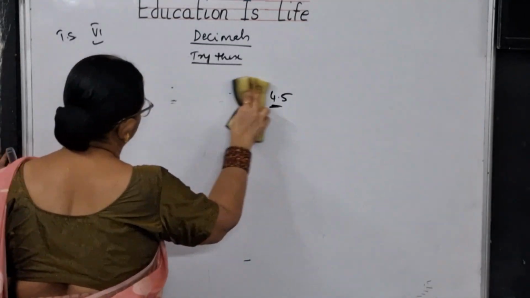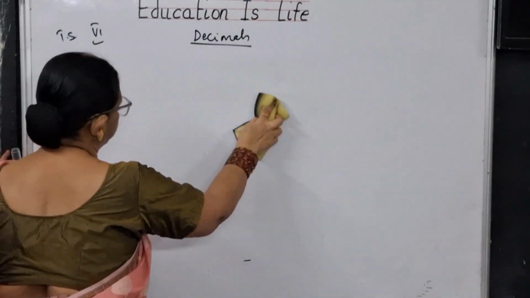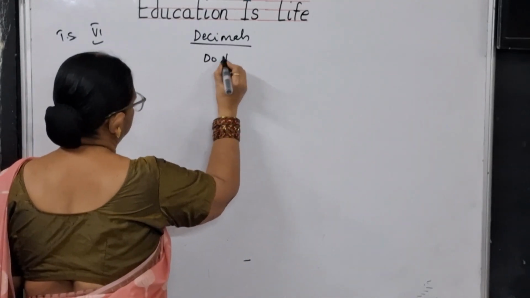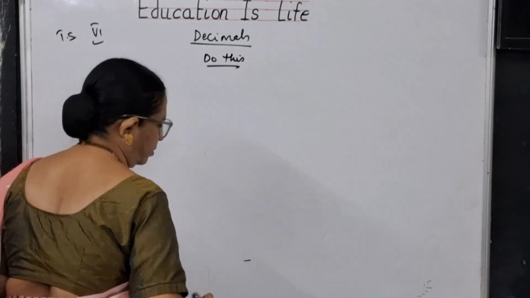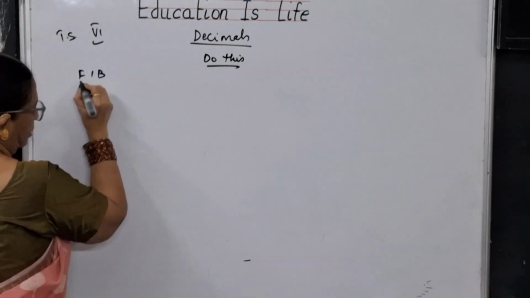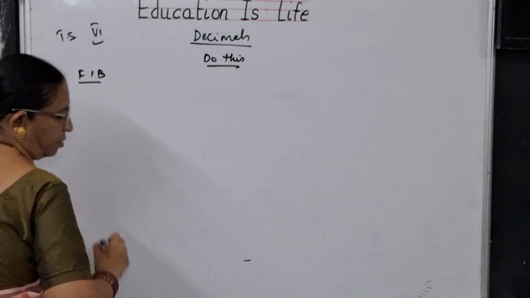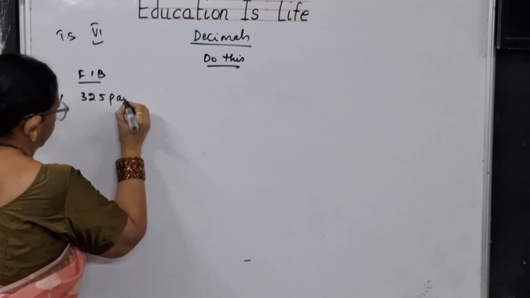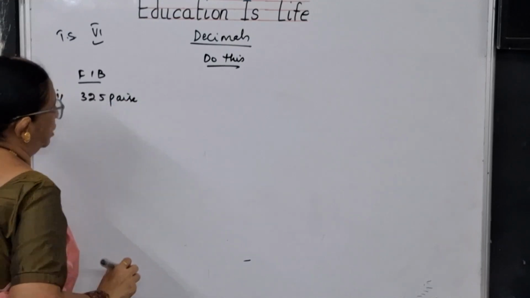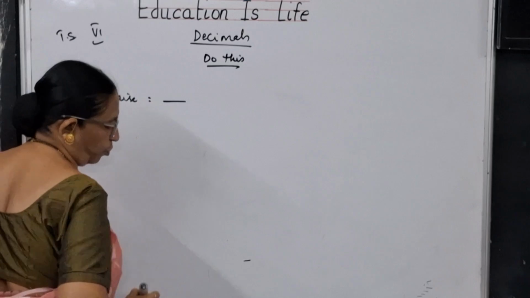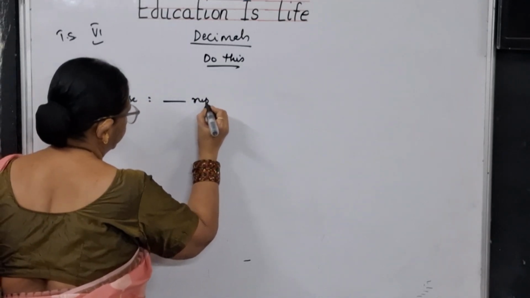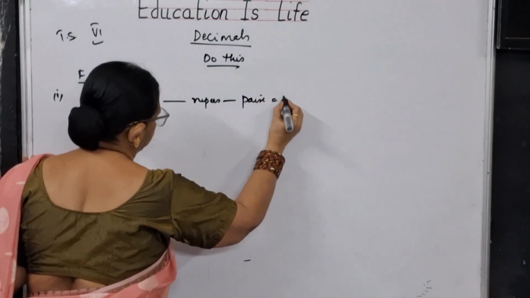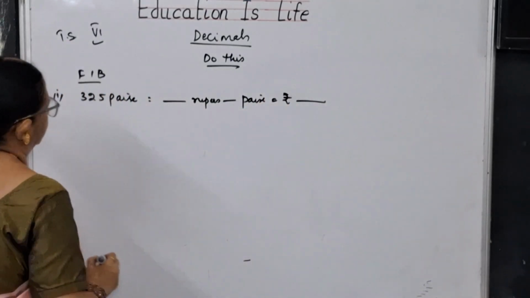Next, I want to do these sums. Now do these sums. You have got fill in the blanks. The first one is 325 paise. 325 paise means how many rupees you are having and how many paise you are having. This is equal to rupees dash.